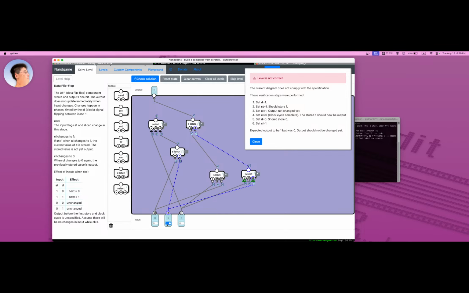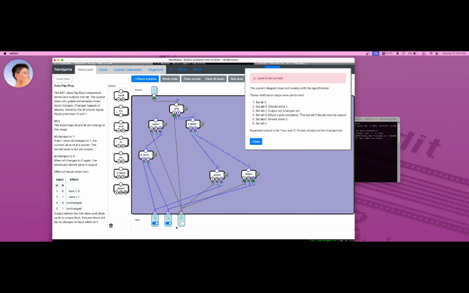Set D to 1. Set ST to 1. Should store a 1 but not emit a 1. That's the problem. Then maybe we can use this one and this one, then use this one.